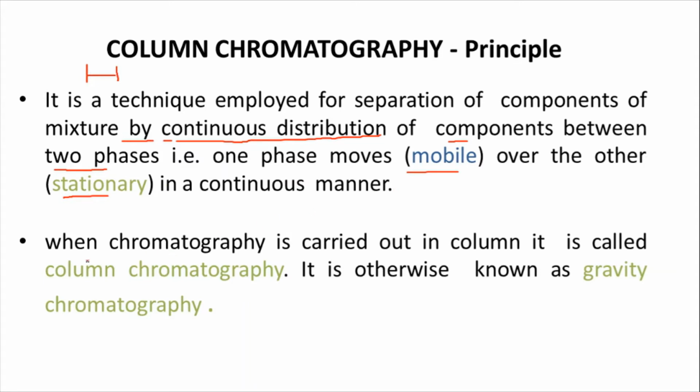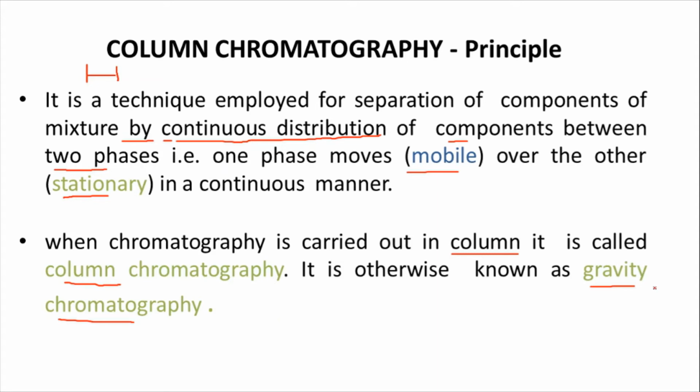When the chromatography is carried out in a column, it is called column chromatography. So the name of the chromatography was derived from the column-like structure. But instead of a column, we can use other types of equipment. This chromatography is also called gravity chromatography. Why?